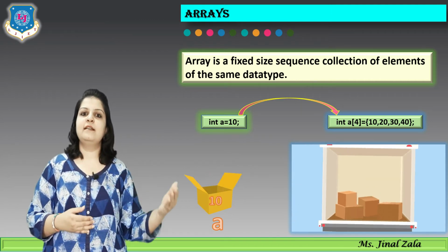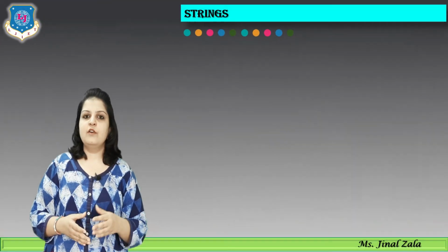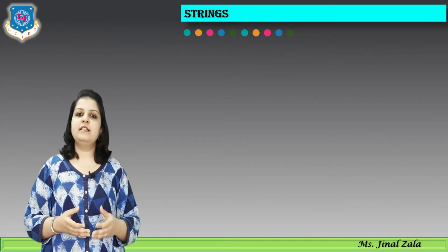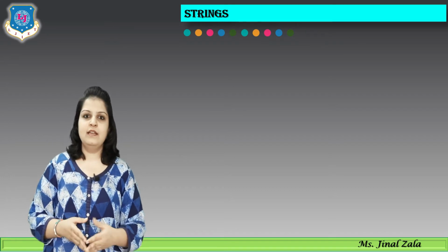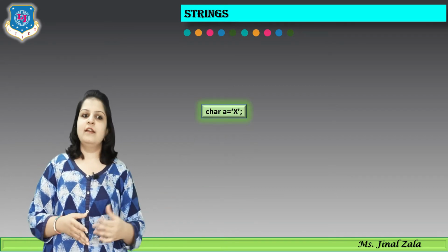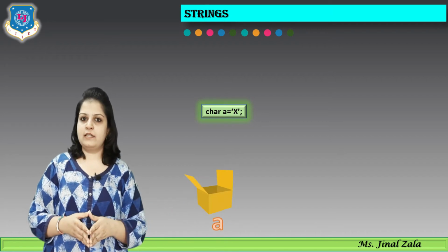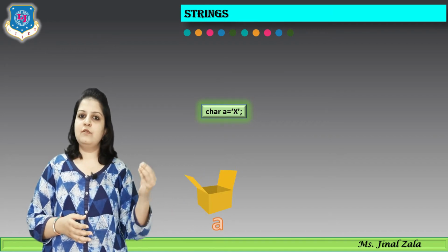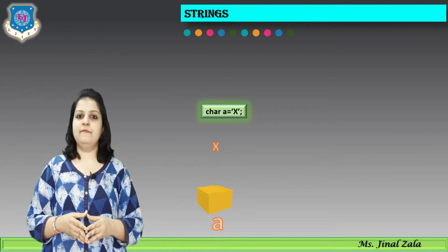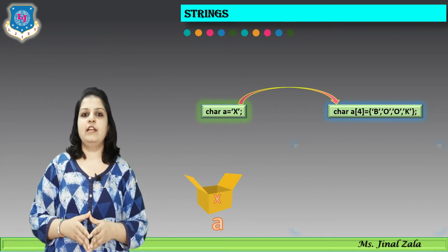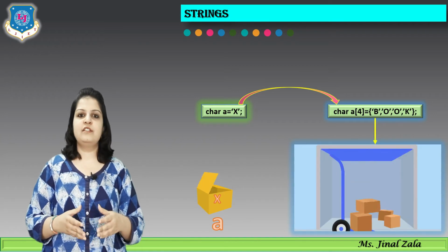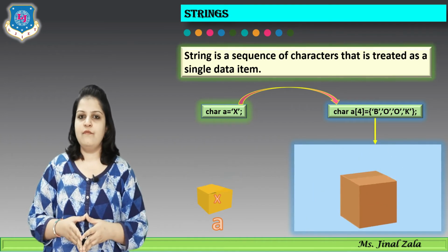The next concept is string. What is string? It is part of array, but it is also called a character array. Why? Here you can see the example. Character a is equal to x. In this variable we can store only a single character, but if you want to store multiple characters, then we can use string. So string is nothing but a sequence of characters.